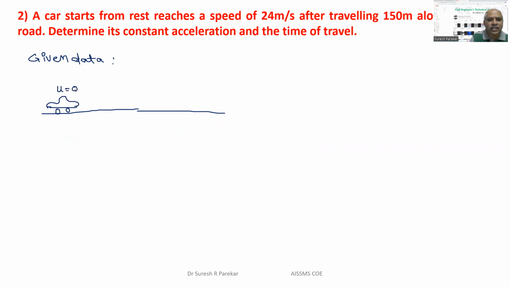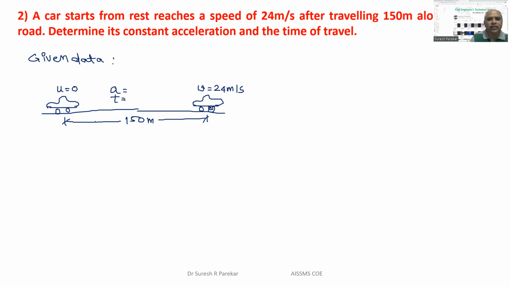Initial velocity 0, start from rest, and final velocity is given, which is v, 24 meter per second. Now they have given distance traveled during this is 150 meters, and we have to find a and then t.